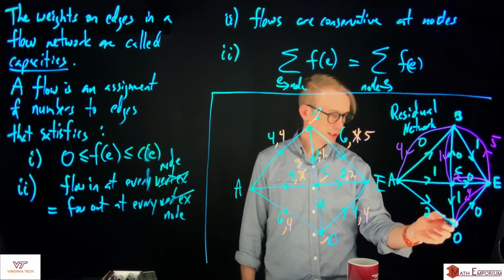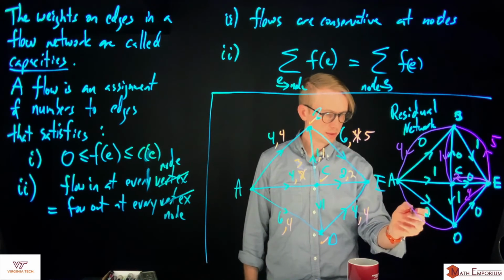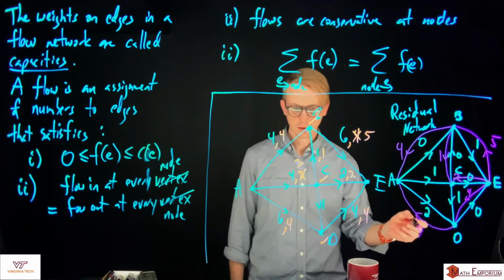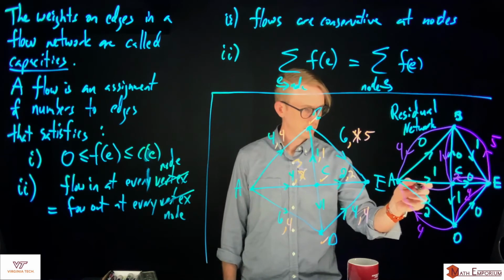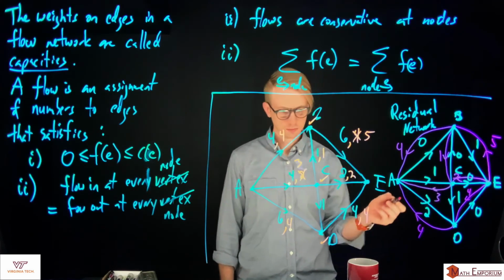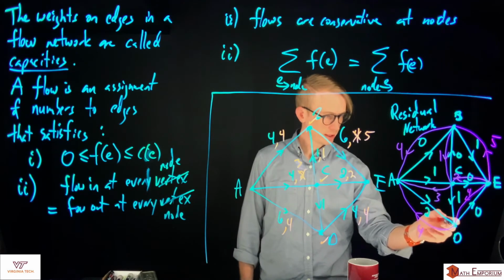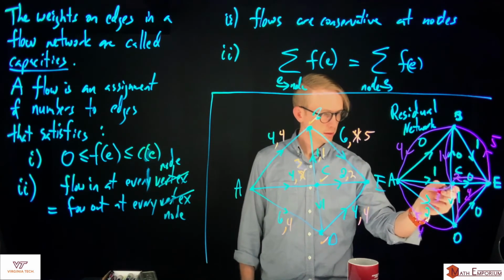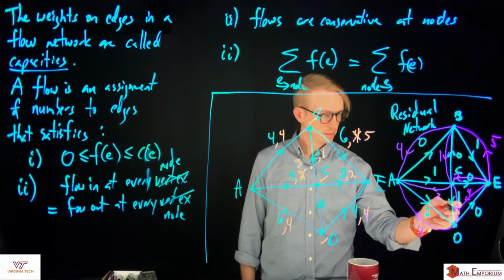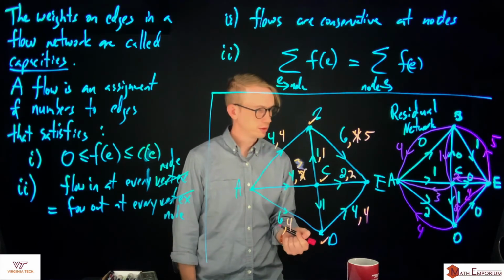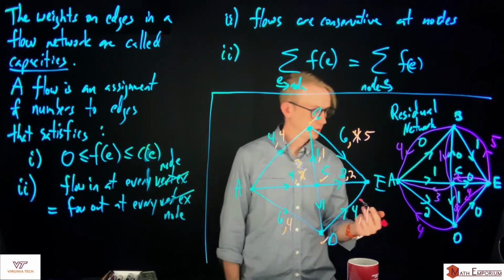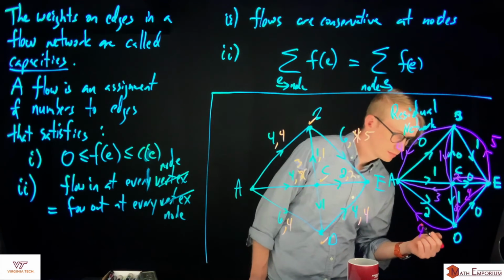Here, while I have 2 going that way, I can do 4 going in the opposite direction. 3 backwards. I don't need to put it, but I can. If I put 1 here, it would be 0. Right, there's no flow going in the right direction, so I can't do anything in the backwards direction.